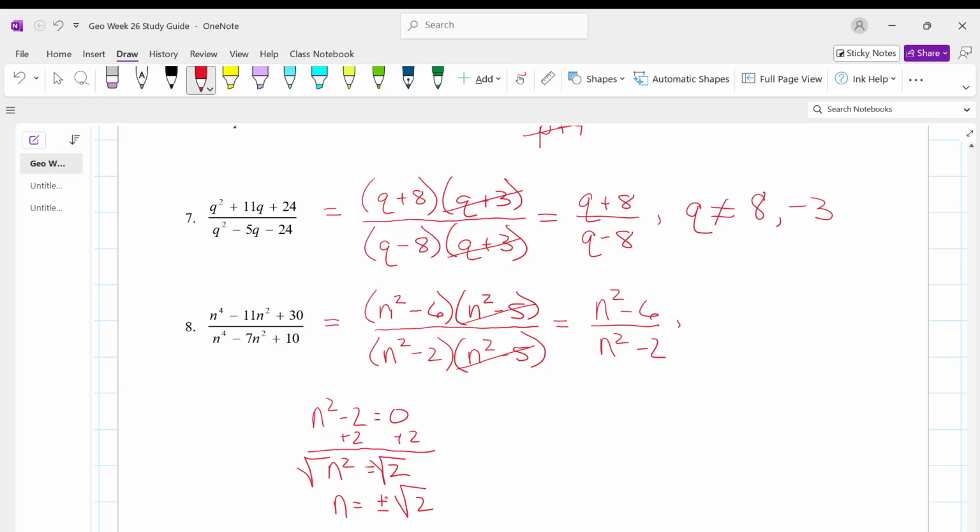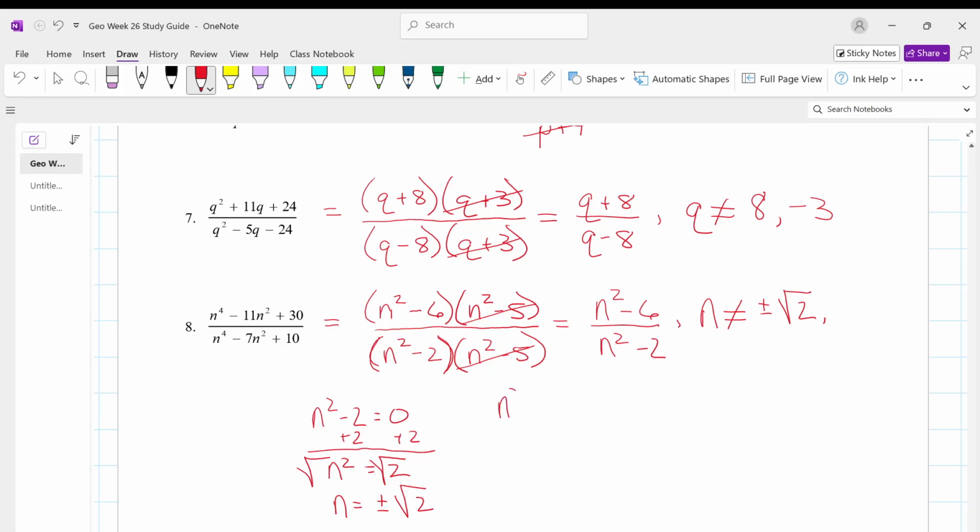If n equals positive or negative square root of 2, this factor would be equal to 0. So that's one of your restrictions. So n cannot be equal to positive or negative square root of 2. And then we can do the same thing with the other factor.